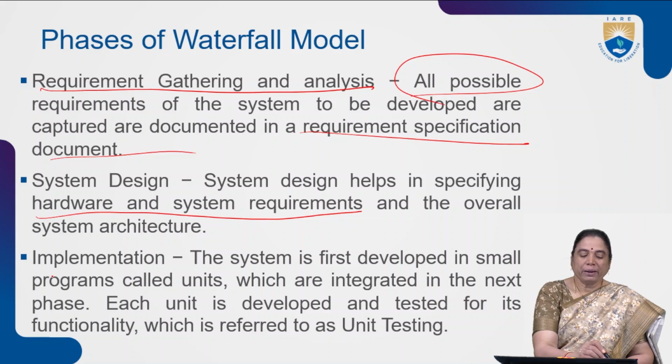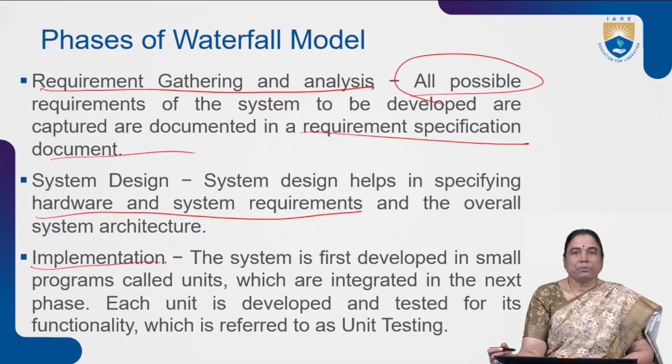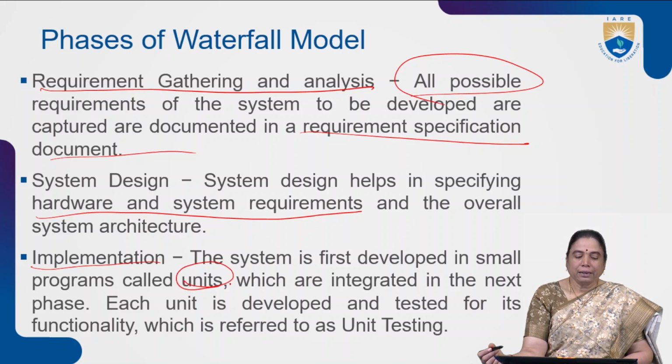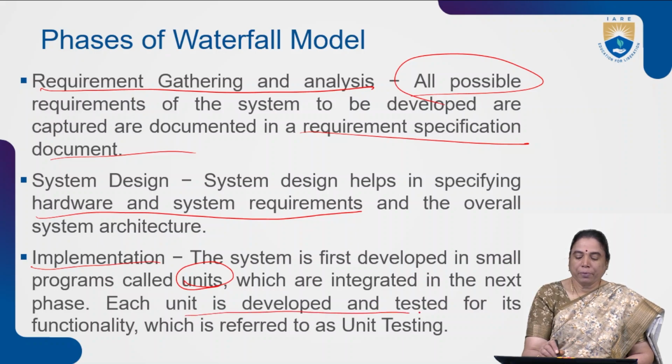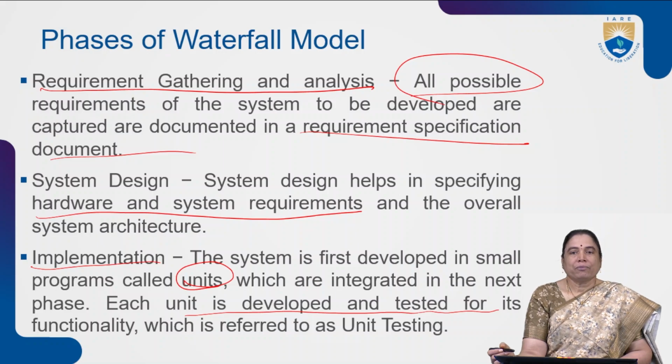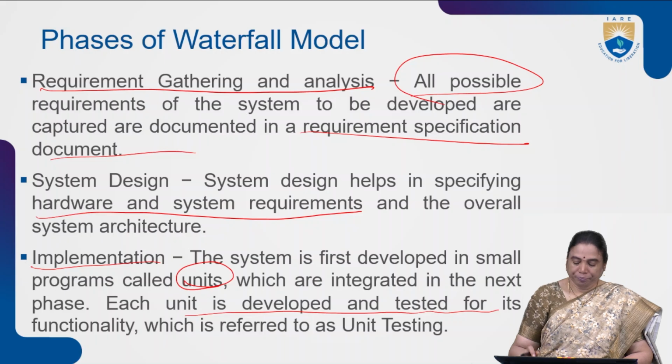Next, during the implementation phase, the system is first developed in small programs called units, which are integrated in the next phase. Each unit is developed and tested against its functionality, which is referred to as unit testing. Whether the requirements are satisfied or not can be verified through this unit testing.